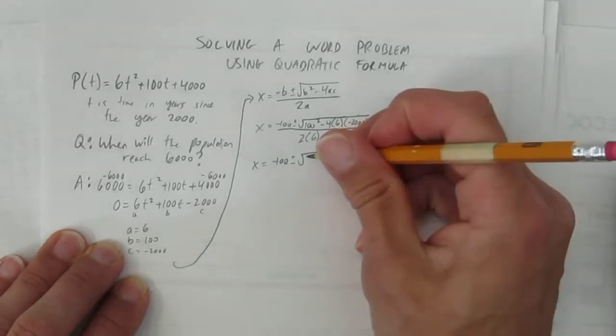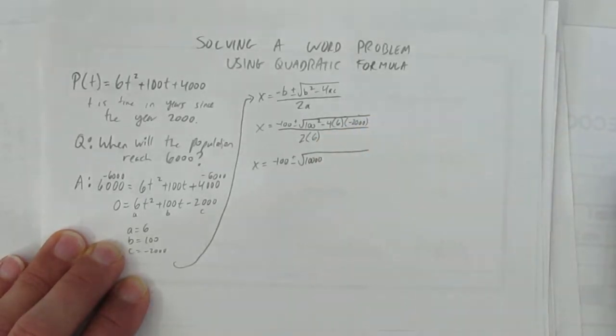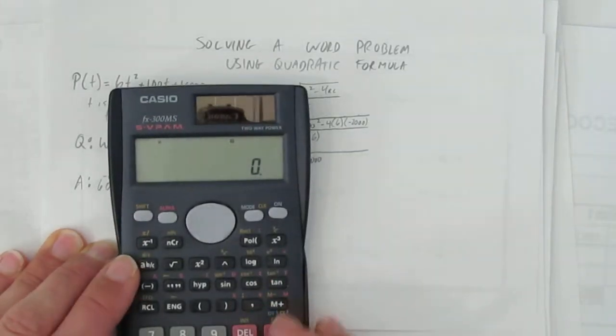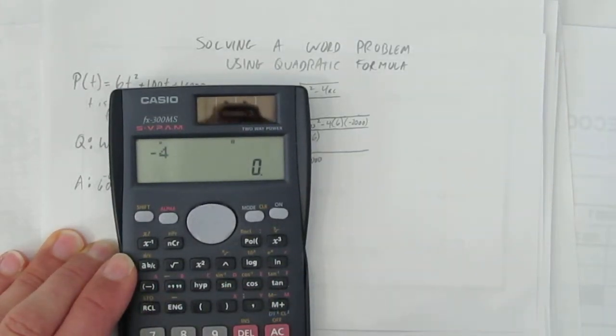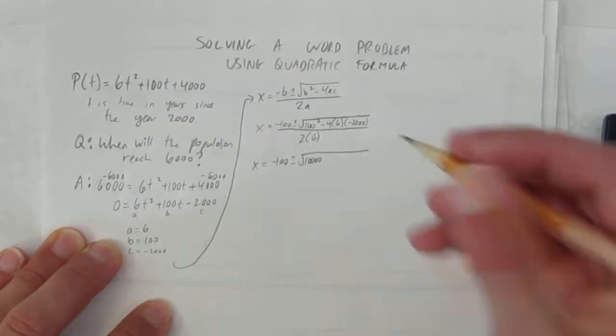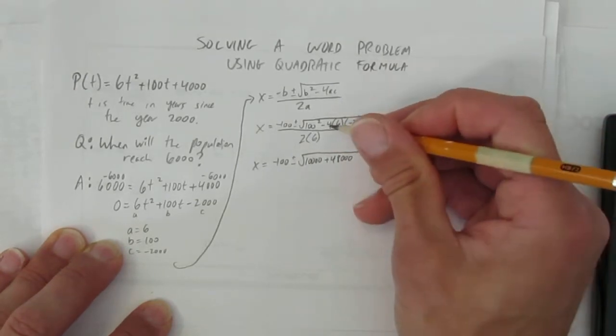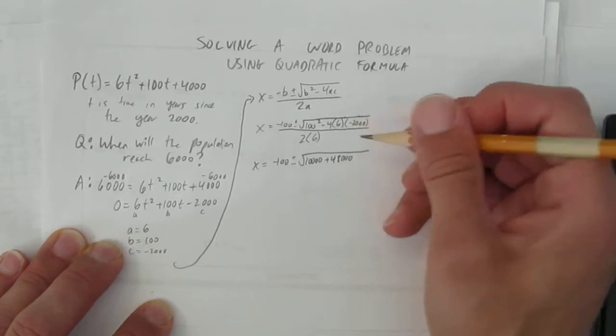I'm getting my calculator ready. You can use your calculator if you want, won't judge you. And now I want to do the second part, negative 4 times 6 times negative 2,000, which is 48,000, positive. You could have just done the numbers knowing it's going to be a positive, because negative times negative is a positive times a positive.